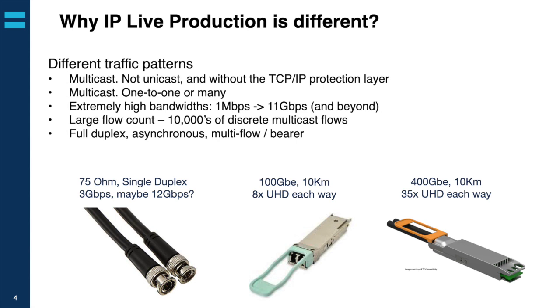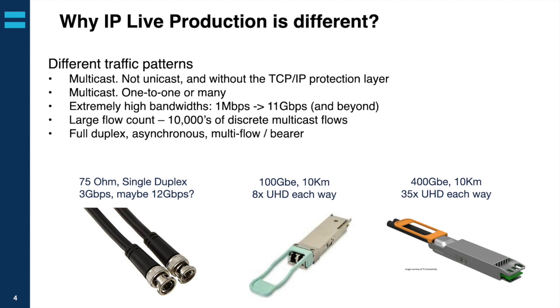And of course, one of the things, a massive difference in the traffic pattern in terms of the way that it's presented to the user, is full duplex, asynchronous, multi-flows per bearer. So where a coax would give you 3 gigs, 12 gigs across 100 meters or something for a single signal, we're now talking about 100 gigabit per second that can get you 10 kilometers.